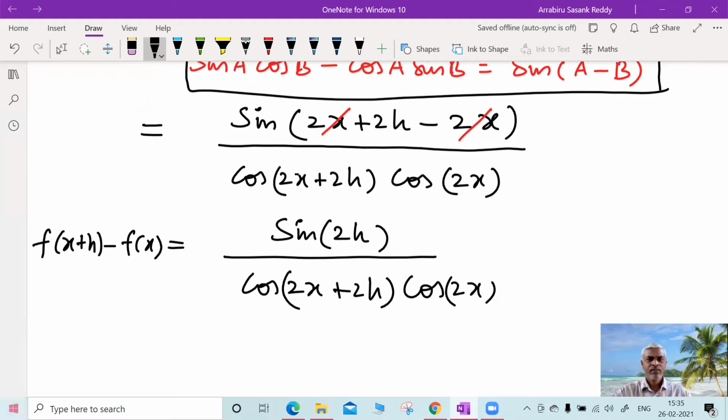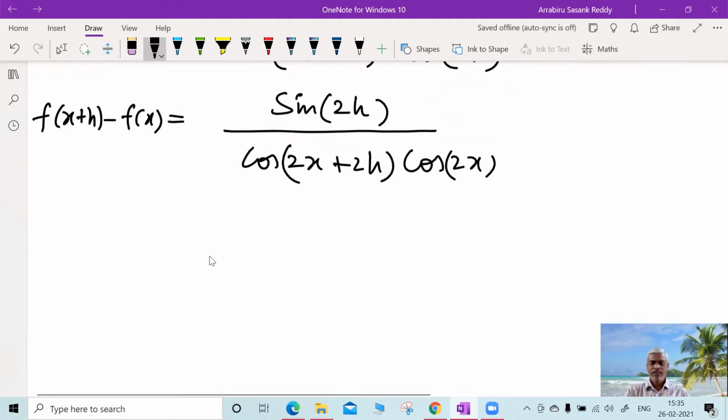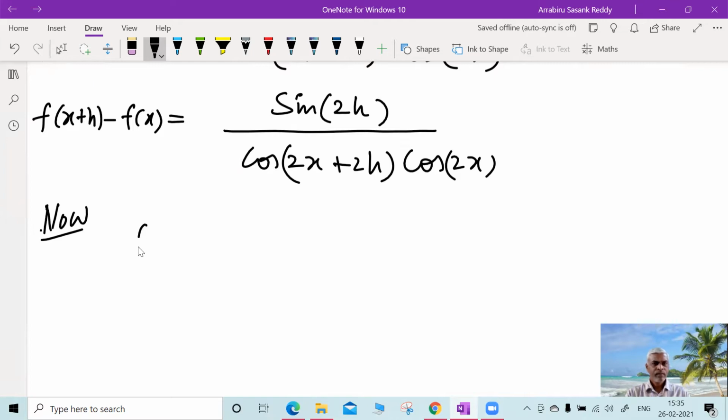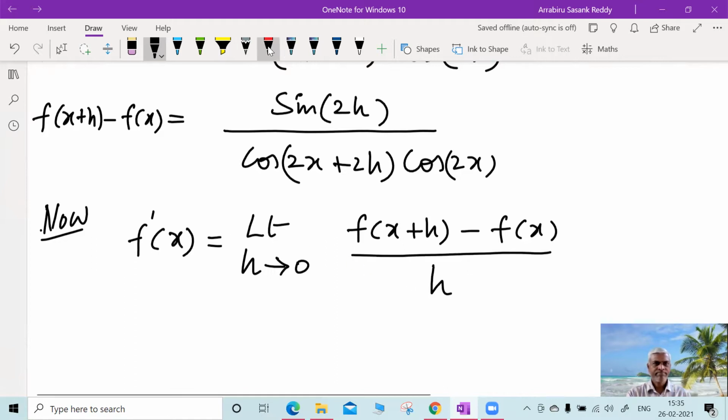By using the first principle of differentiation, f dash x is equal to limit h tends to 0 of f of x plus h minus f of x by h.